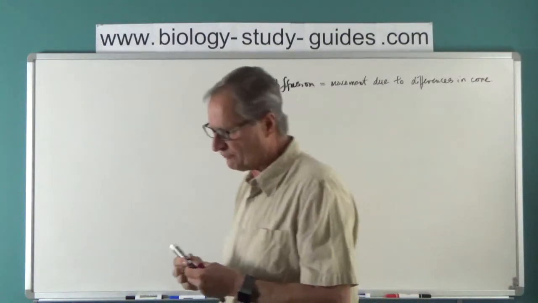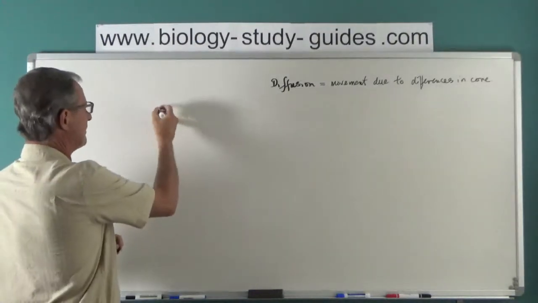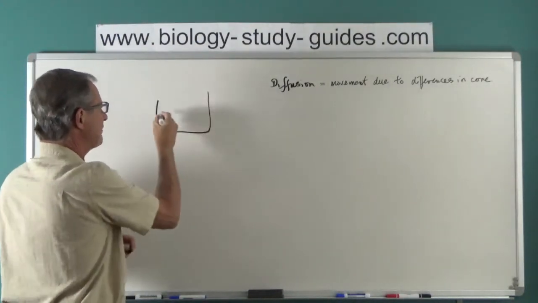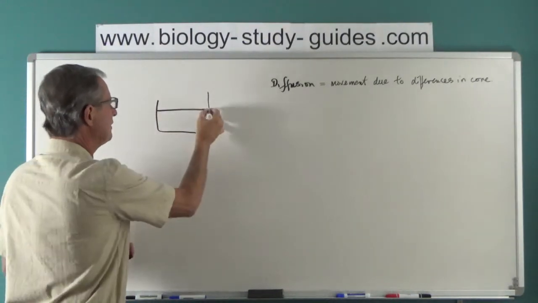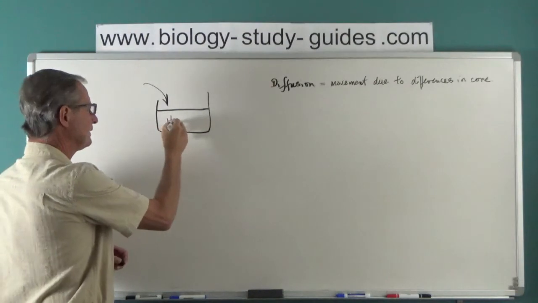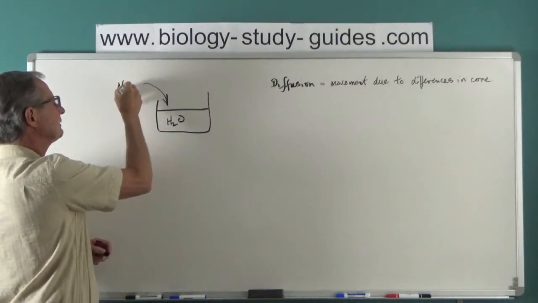So if we have a solution, for example, we just talk about any solution, we'd go back to the diagram of a beaker, and we put some water in it, and we dump some stuff in it. Let's say we're going to put some salt in it.